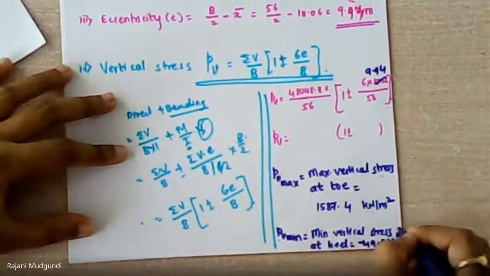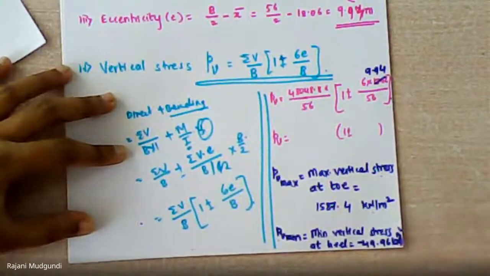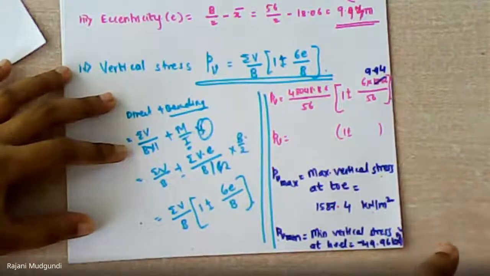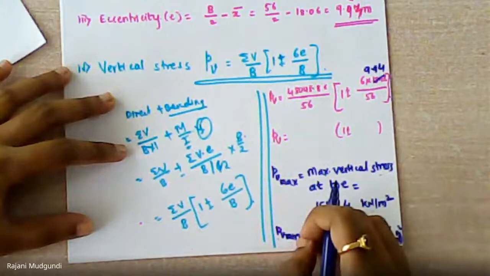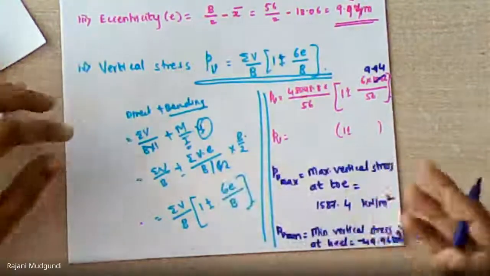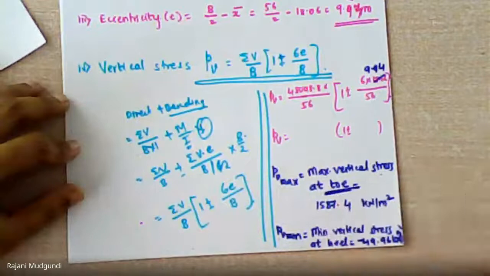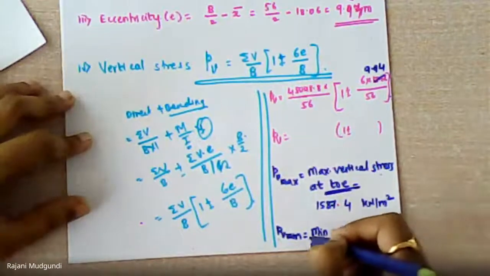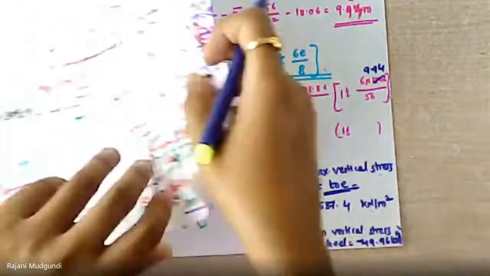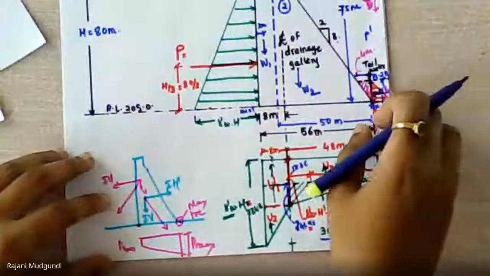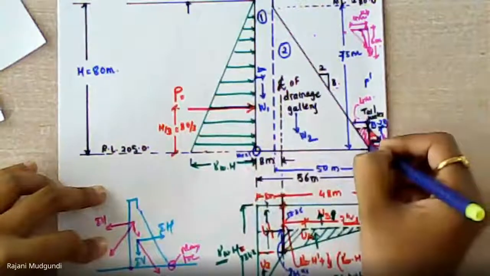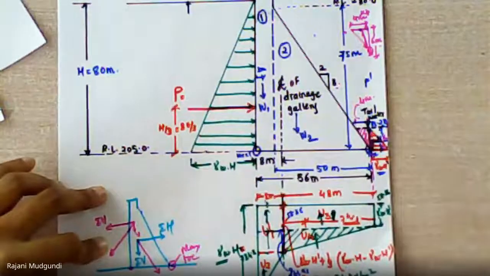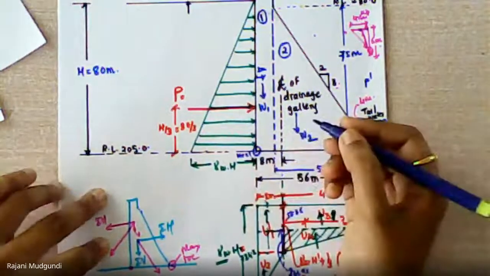So mention the unit also in kilonewton per meter square. So maximum and minimum vertical stress will get developed at the base. Maximum vertical stress will get developed at the toe. Minimum vertical stress will get developed at the heel. If you look at this picture, maximum stress will get developed at the toe and minimum will be at heel.